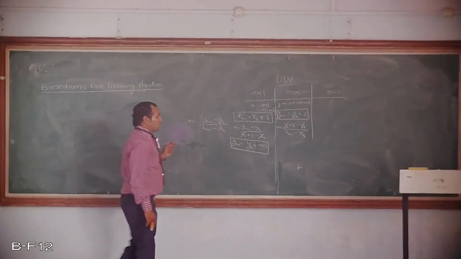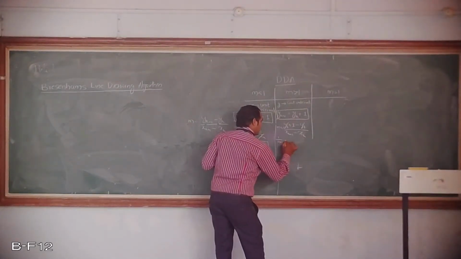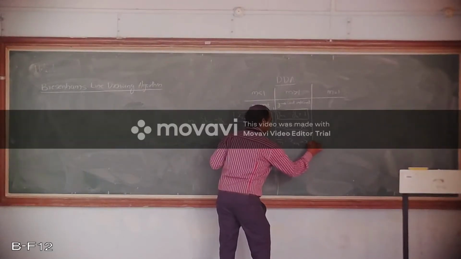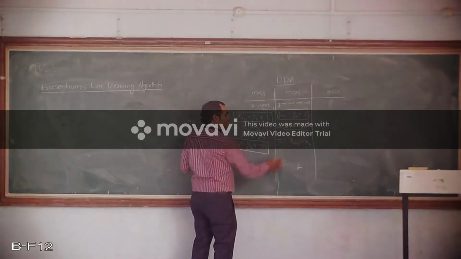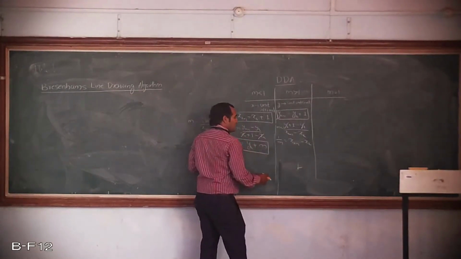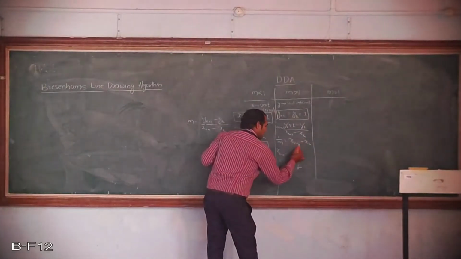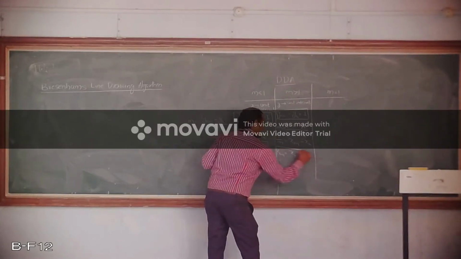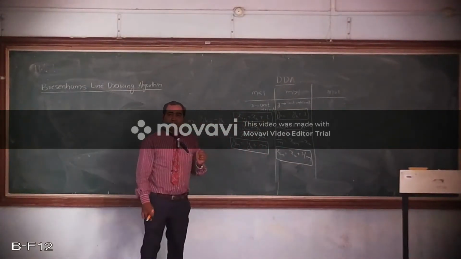I want the value of xk plus 1, so I will invert this: 1 by m is equal to xk plus 1 minus xk. I have taken the reciprocal of both sides. The numerator is 1, therefore the denominator will be 1. So the next x coordinate will be xk plus 1 by m. This is the formula when slope is greater than 1.